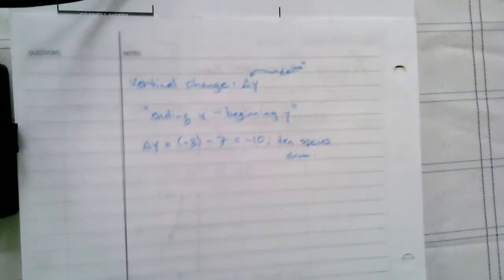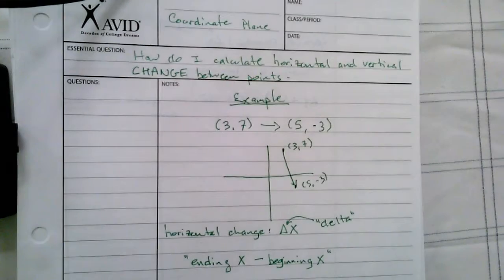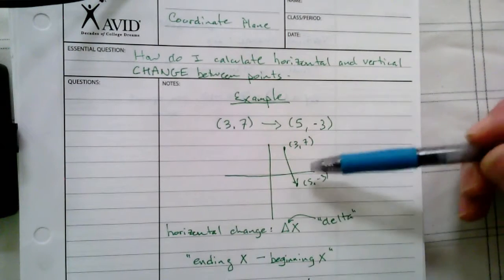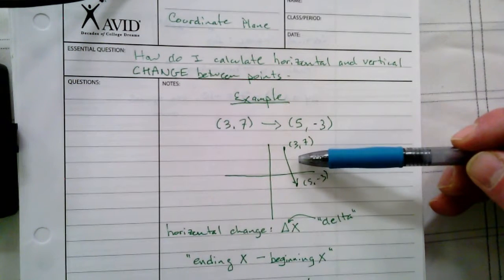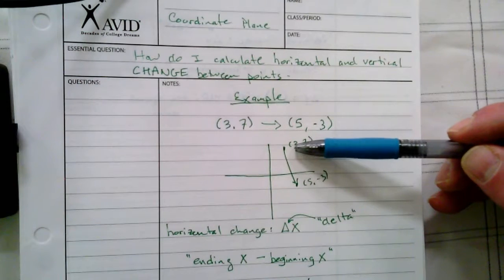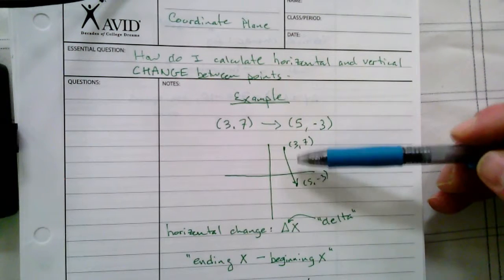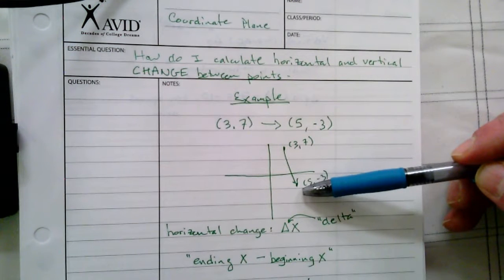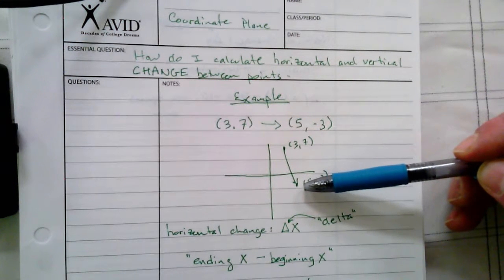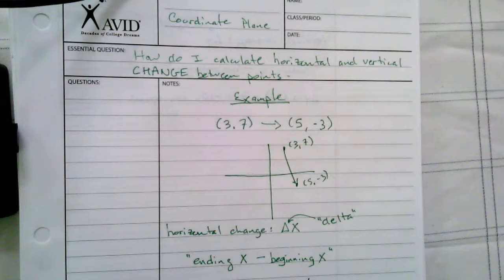So going back to our picture here, the vertical distance between the points is 10 spaces. But if you include the direction we went, we moved from 3, 7 down to 5, negative 3. If we include the direction, it's a negative 10. Our total movement, our change, was negative 10.